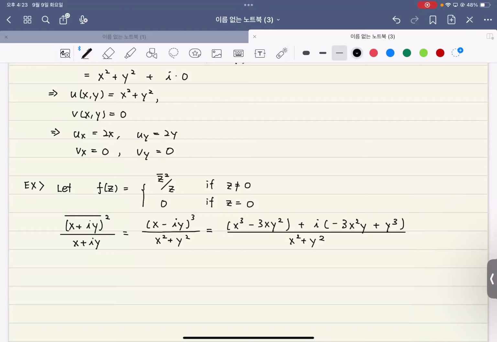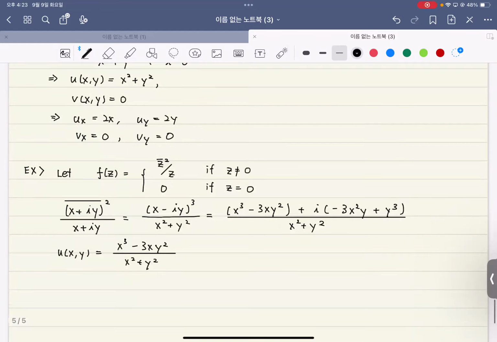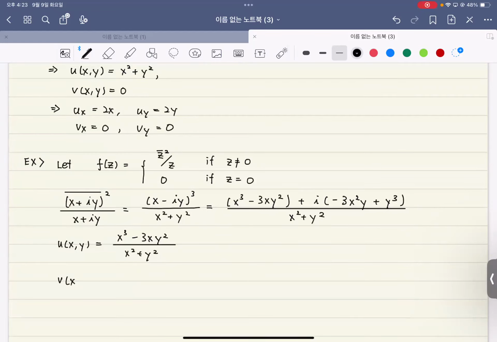Okay, all right. So this is my real part of the function. And this is the imaginary part of the function: minus 3 x squared y plus y third, over x squared plus y squared.